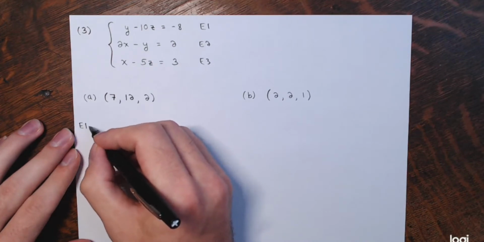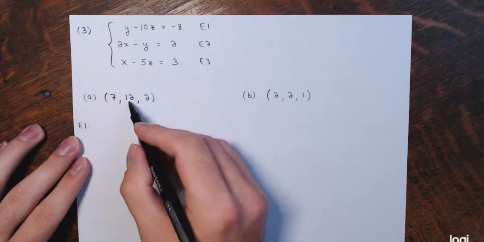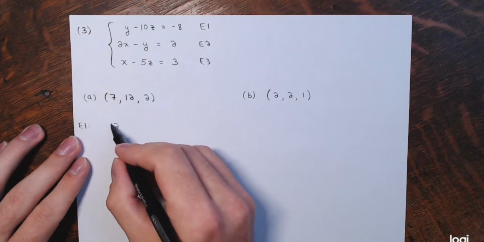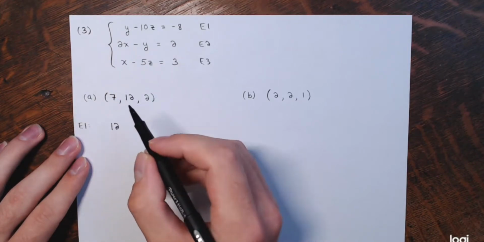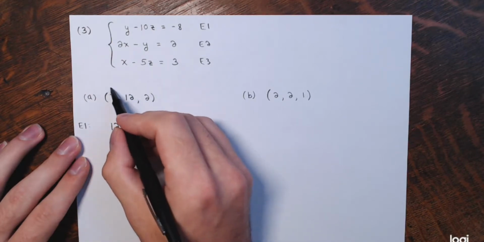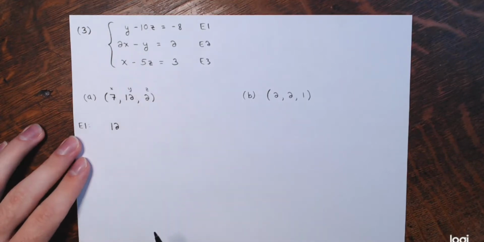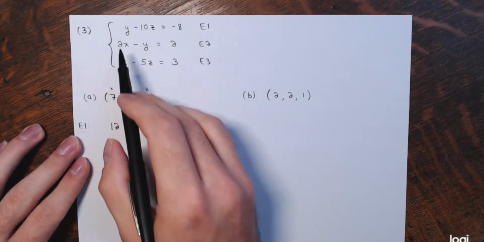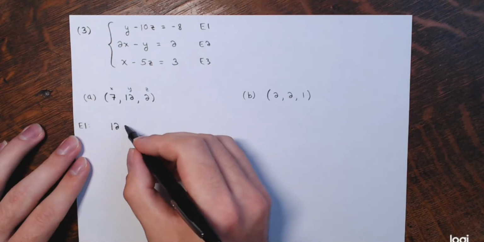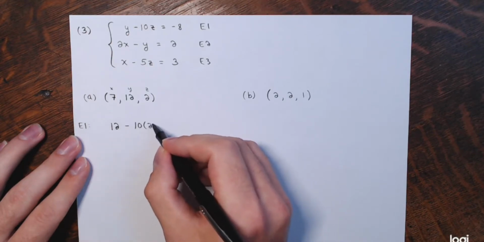So in equation 1, we have the y coordinate, so 12, and pay close attention to what variable you're replacing and what value that would be. Again, this is x, y, z here, right? Ordered triple. Pay attention. So the y coordinate, 12, minus 10 times the z coordinate, which is 2.